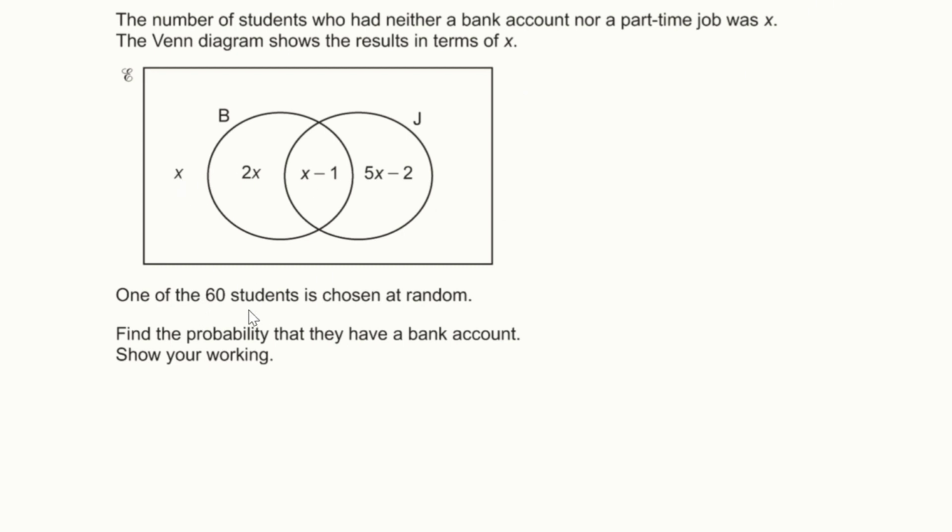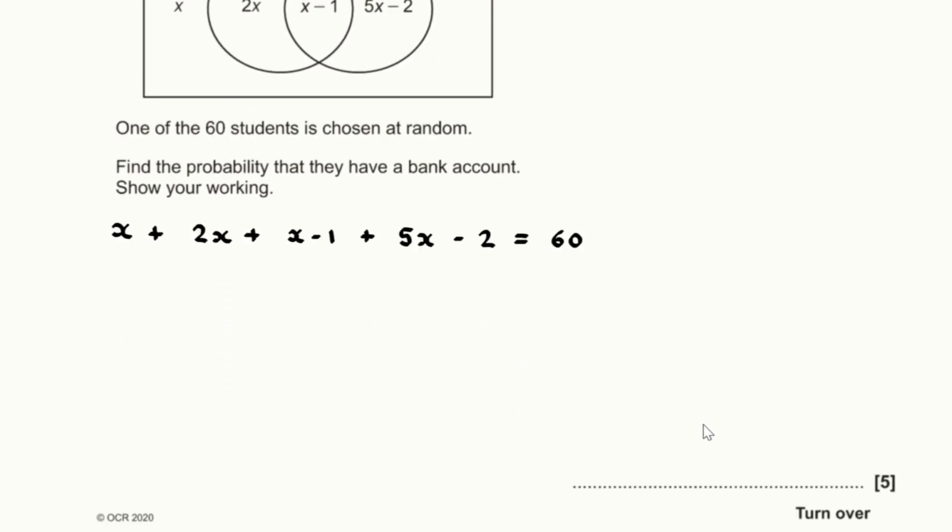So we know altogether we've got 60 people. So we've got x plus 2x plus x minus 1 plus 5x minus 2 equals 60. 3x, 4x, 9x is equal to 63. x is equal to 7.